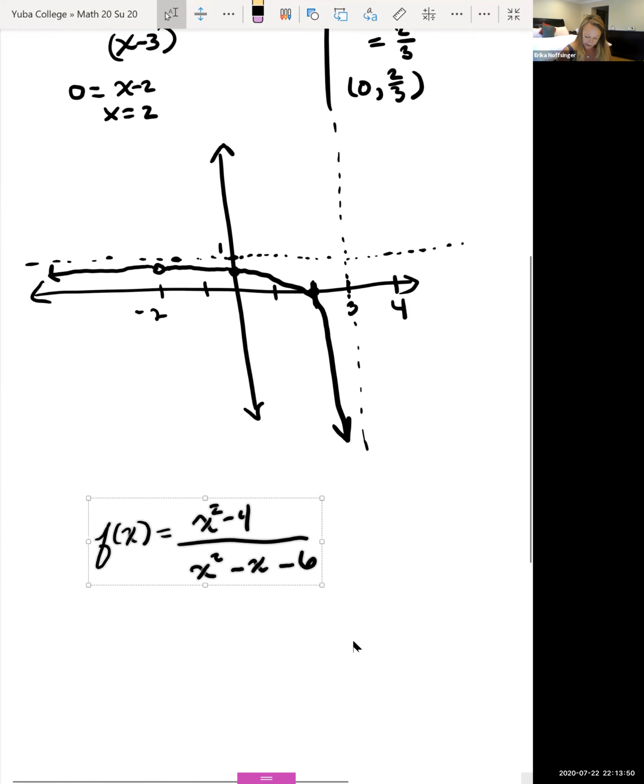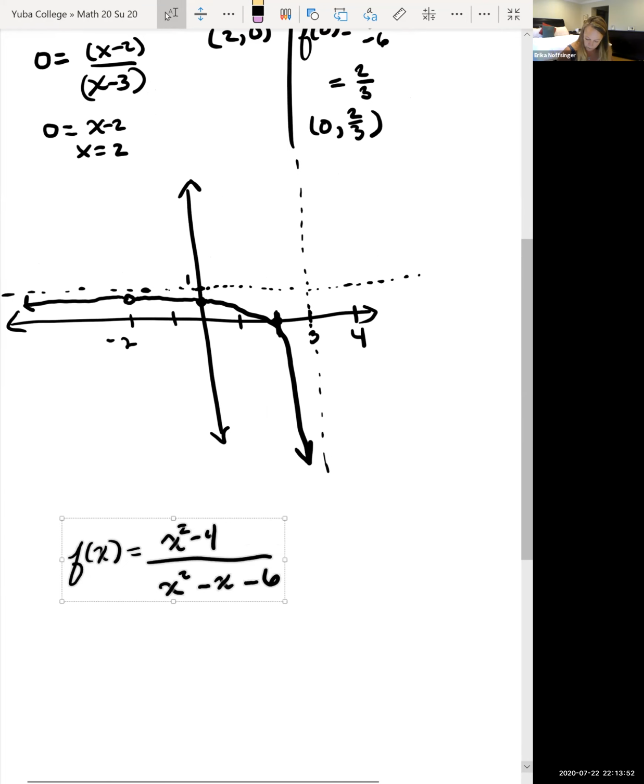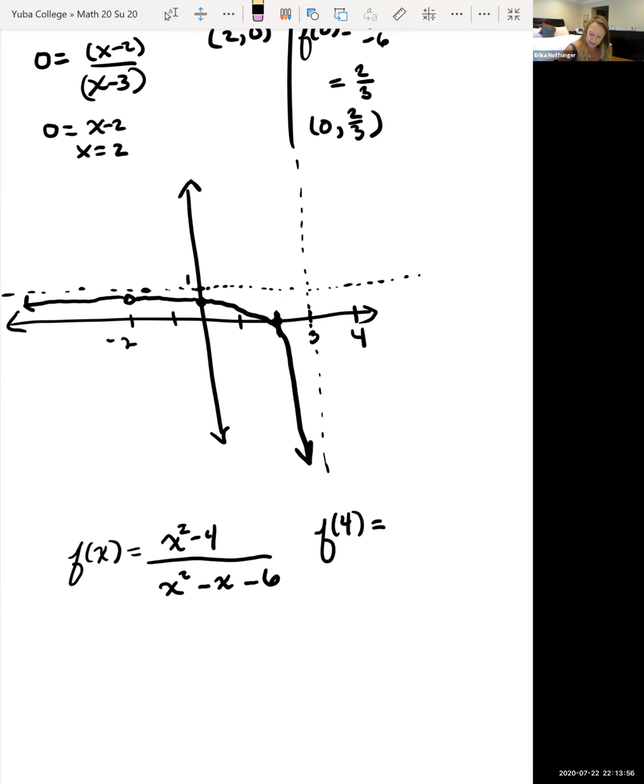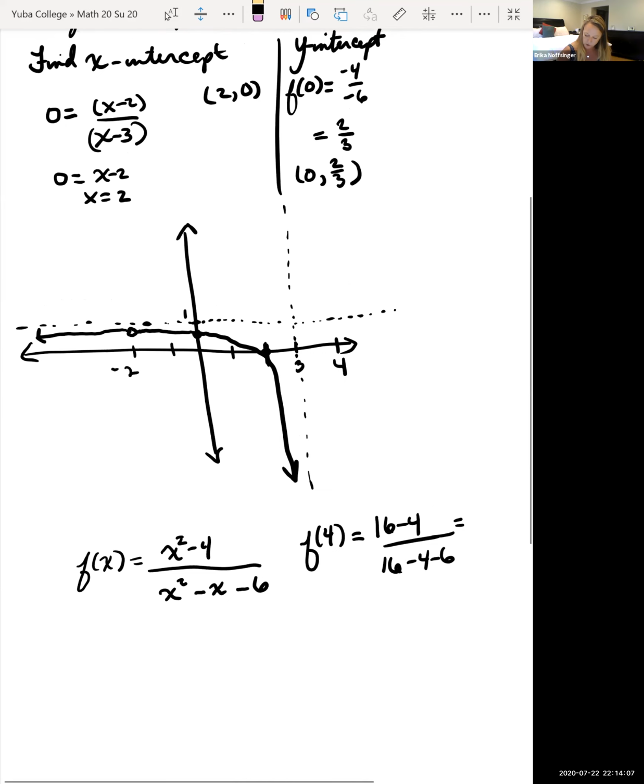Okay, so looking at f of 4, 4 squared is 16, minus 4, all over 4 squared is 16, minus 4, minus 6. So 16 minus 4 is 12, all over 16 minus 4, which is 12, minus 6 is 6.